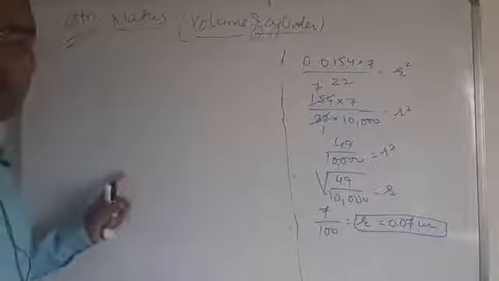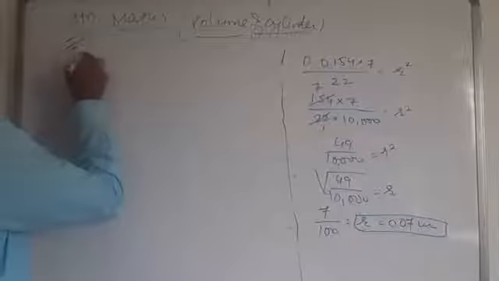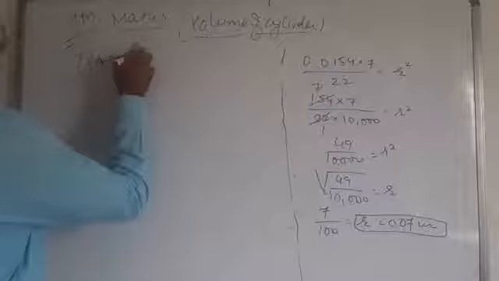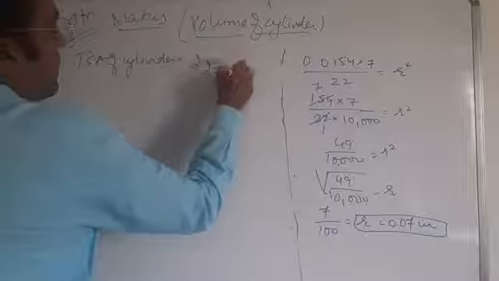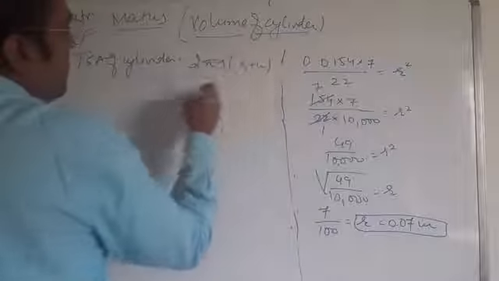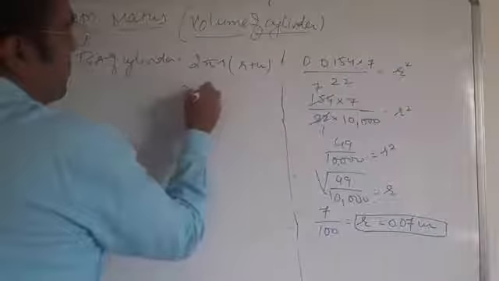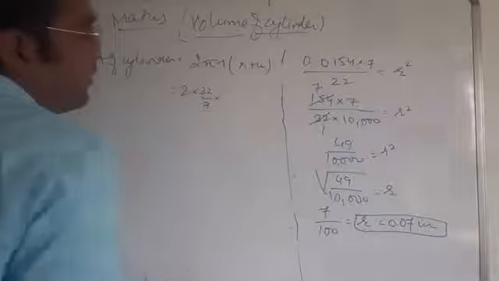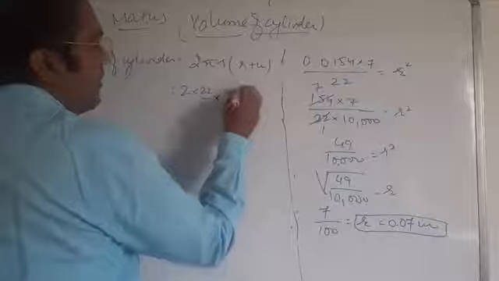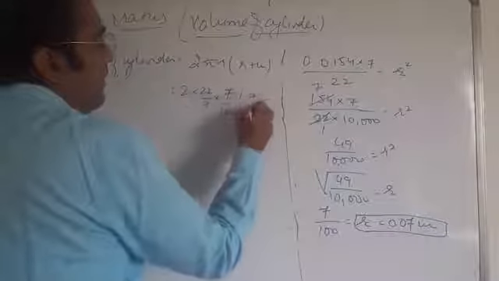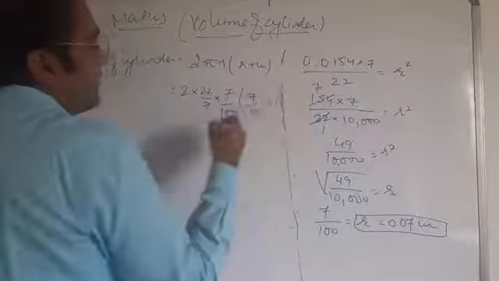Now the total surface area of the cylinder is equal to 2 pi r into r plus h, that is 2 into 22 by 7 into the radius given, that is 7 by 100, and 7 by 100 plus the height, which is 1.